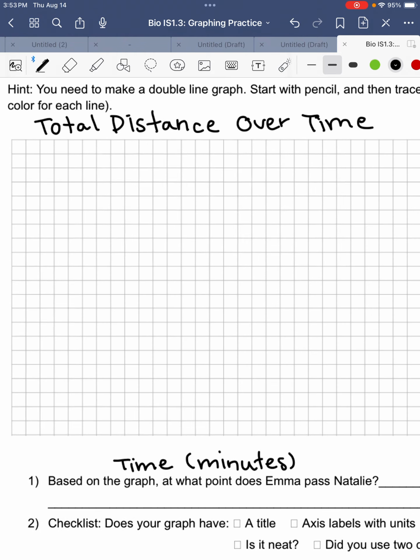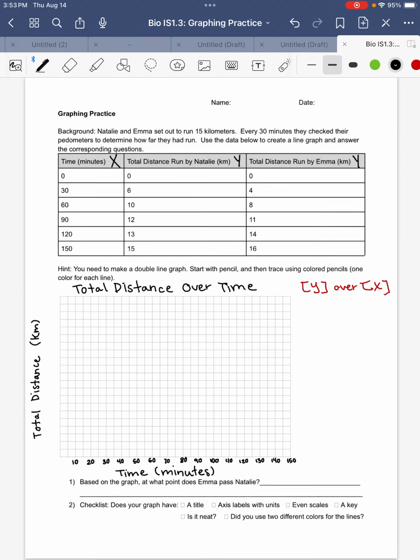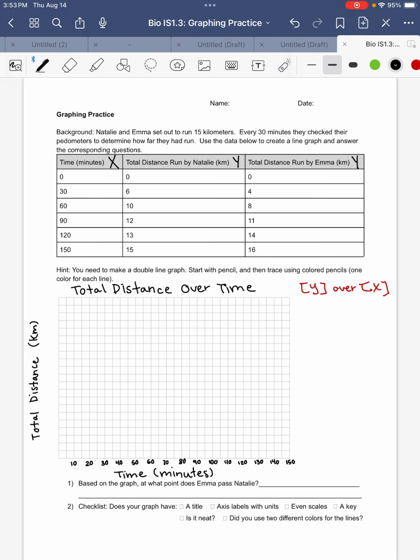So since our graph is pretty small, I'm going to write skipping kind of one of the lines here. So 10, 20, 30, 40, 50, 60, 70, 80, 90, 100, 110, 120, 130, 140, and 150.